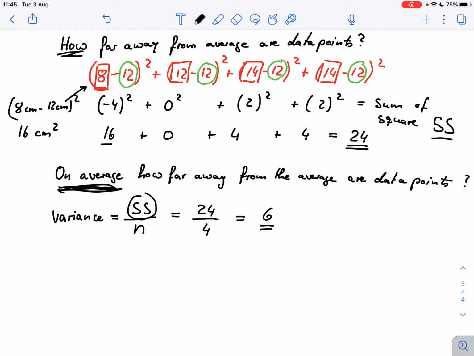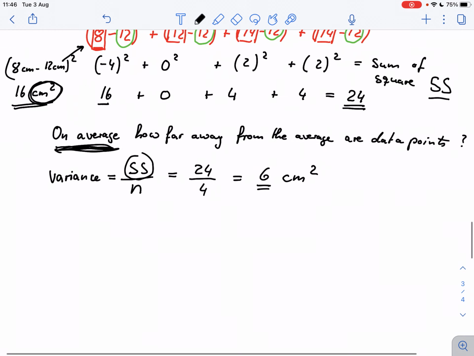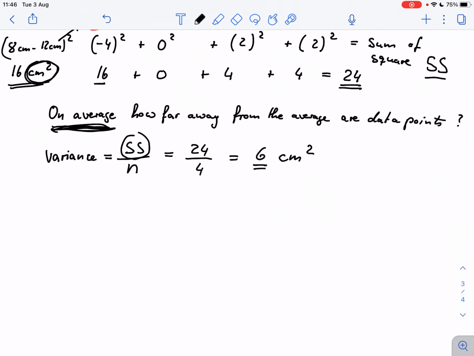We need to square the centimeters as well. So that would be the unit here. That is the unit for the variance in this case, 16 centimeters squared. That's quite important that we have this notion of the unit, that this is actually a square number.